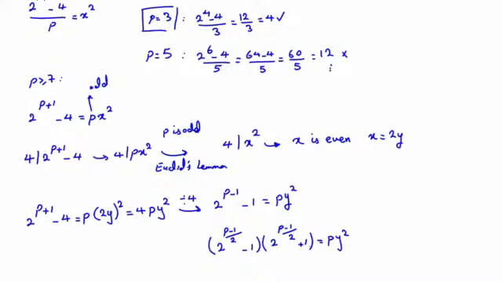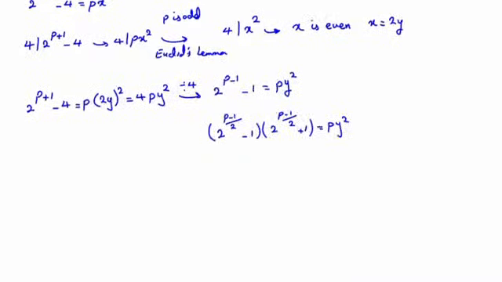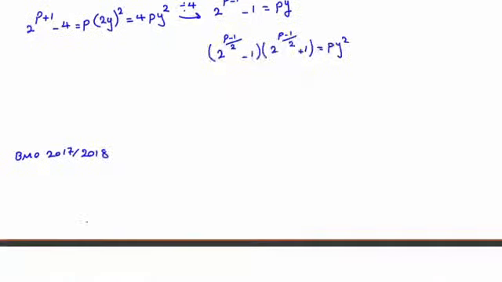This idea is useful in BMO, British Mathematical Olympiad round 2. I think around 4 years ago we had the same idea. Let me find the problem. The problem is from BMO 2017-2018. The idea is exactly the same. This idea is so famous.